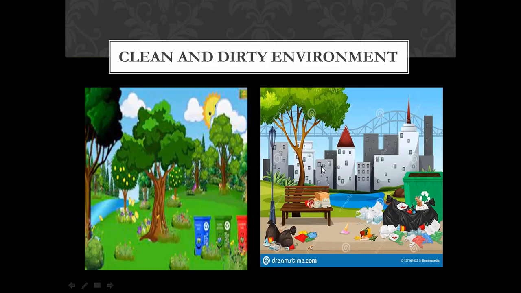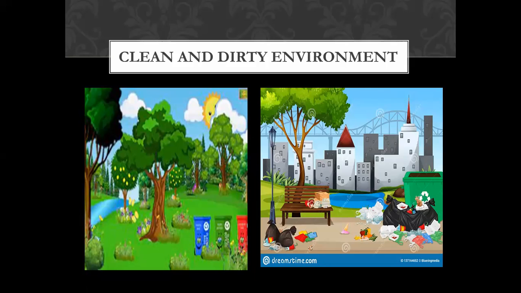Coming back to the second picture, you can see here the environment is very dirty. Look, here is litter everywhere. So if we do not take care of our environment, it is going to be dirty. So our environment is based on air, animals, plants.